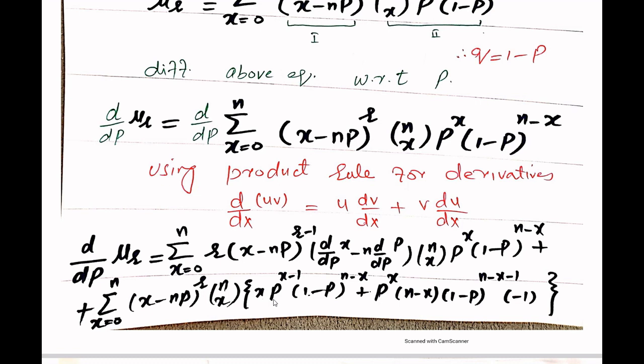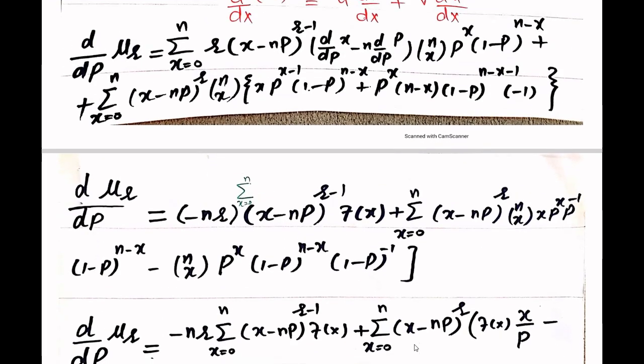Power rule applies here: x times p power x minus 1, and the derivative of p, dp over dp, which is 1. And write the second term as it is, (1 minus p) power n minus x, plus. Write the first term as it is, p^x, and take the derivative of second term. Use the power rule: n minus x into (1 minus p), decrease the power by 1, n minus x minus 1. Again derivative of this term: derivative of 1 is 0 minus derivative of p, dp over dp, which is 1.